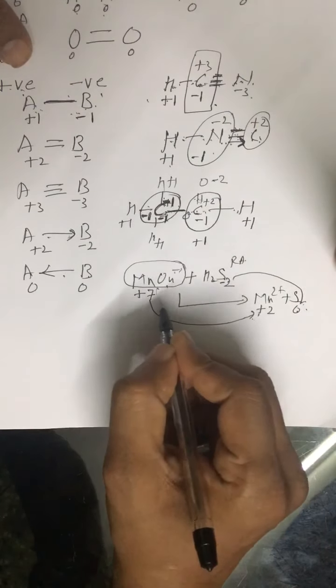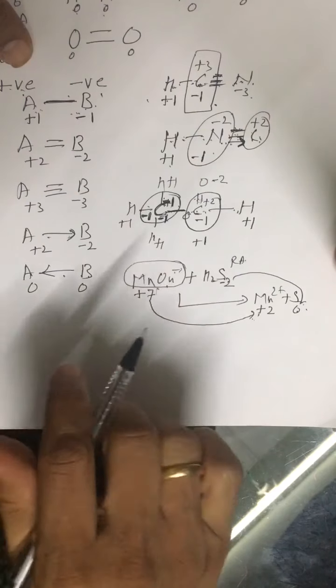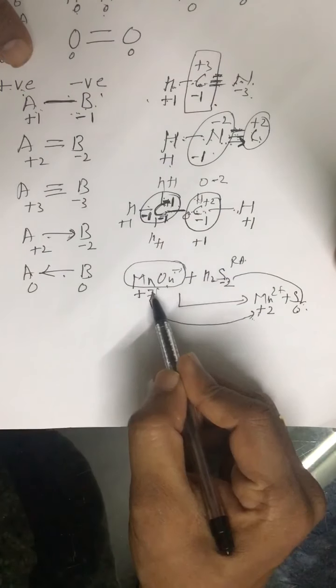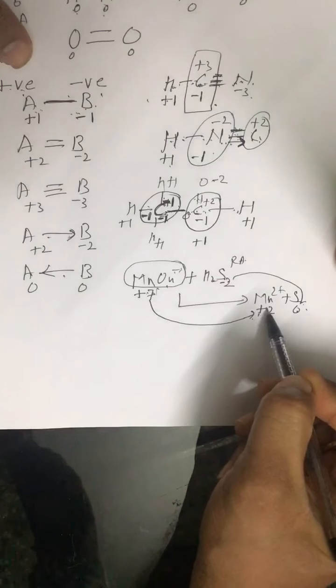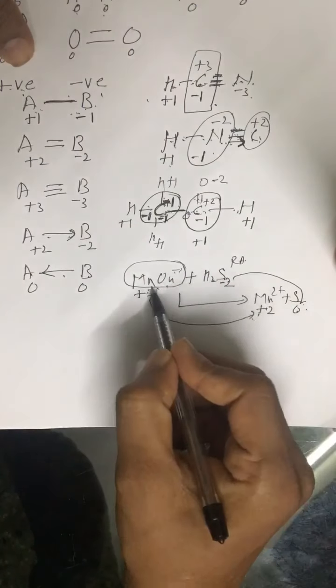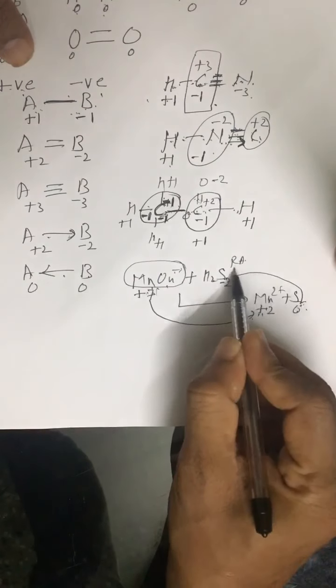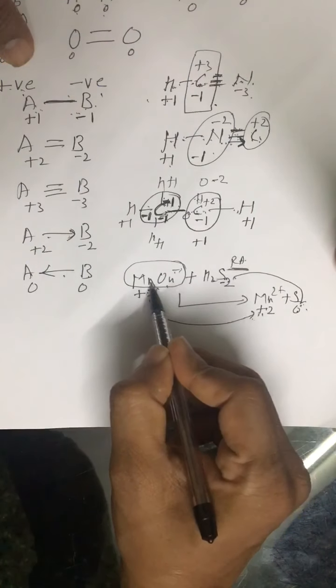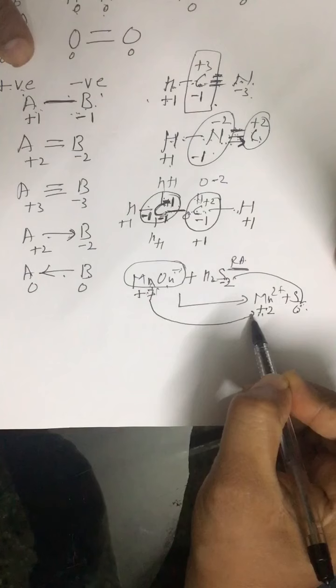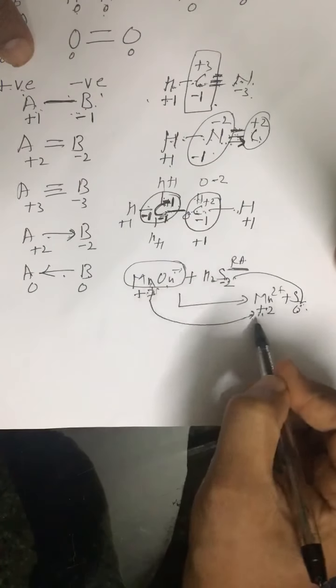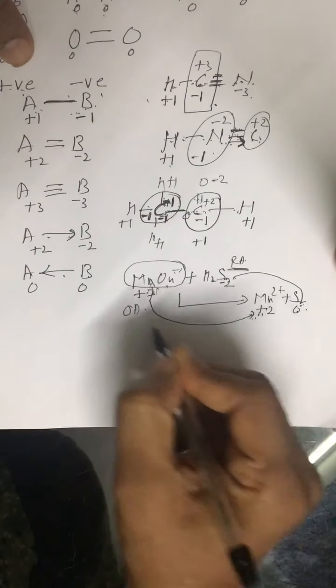So it is very simple. Find out the oxidation state of the central atom on the left hand side and right hand side. If there is an increase in oxidation state, it is self-oxidized, and the function is reducing agent. And if there is a decrease in oxidation state, that means it is self-reduced, and the function is oxidizing agent.